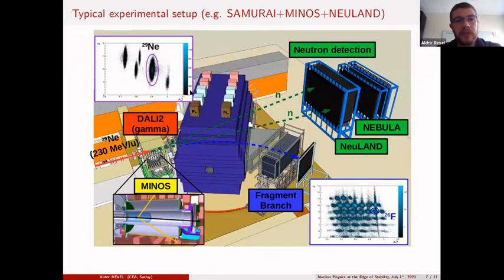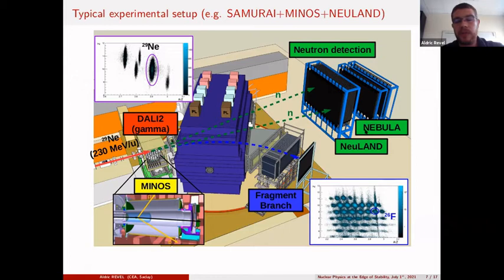So in order to study all those cases, similar experimental setups were used, and here I just take as an example the one that was used at RIKEN for the oxygen-28 experiment, where we have a beam coming to a target where we perform a knockout reaction most of the time, and we populate nuclei of interest, and sometimes excited states in the nuclei that will decay by the emission of two neutrons, and those two neutrons are detected in a neutron detector.